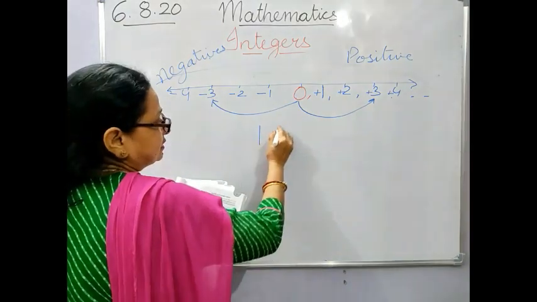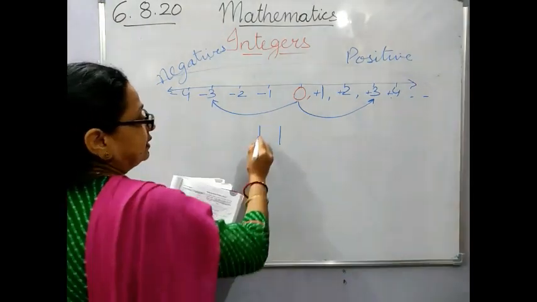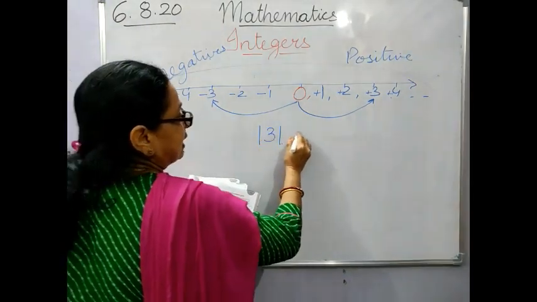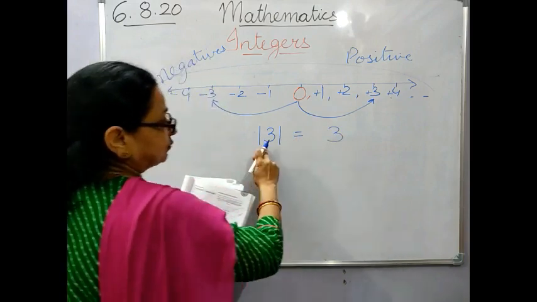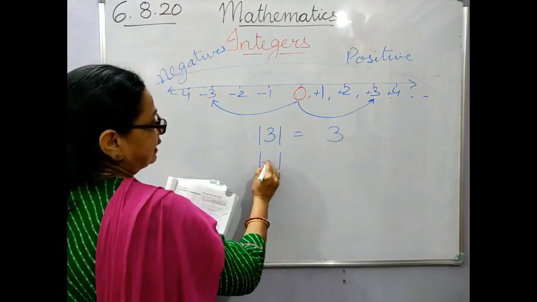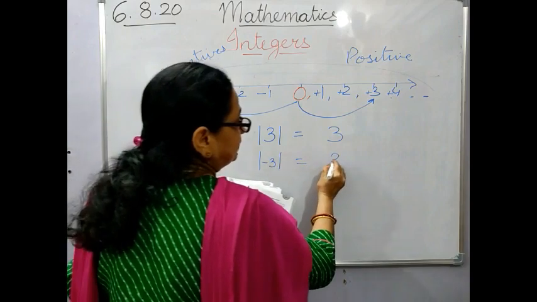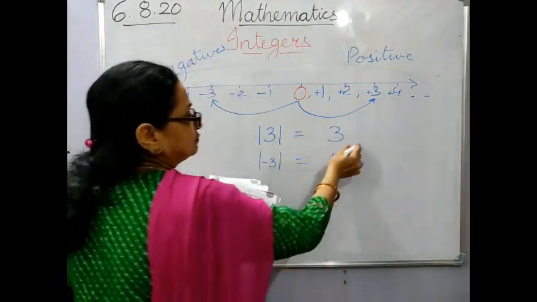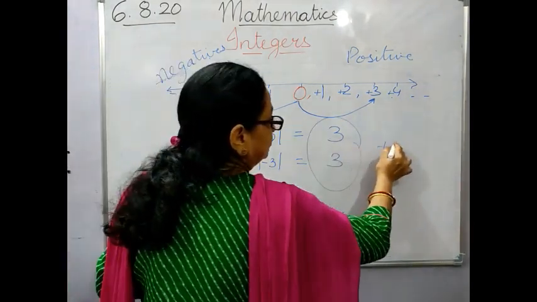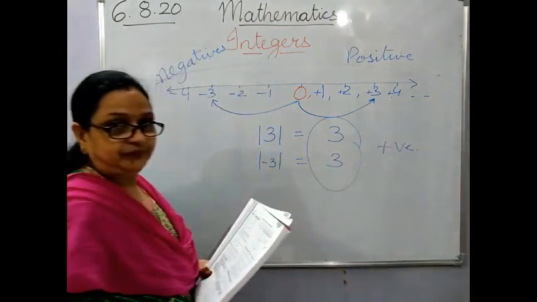Absolute value is represented by these two vertical lines. If I write |3|, the absolute value will be 3. This is positive 3. If I write |-3|, again it will be 3 only. That is, the absolute value of any number is always positive.